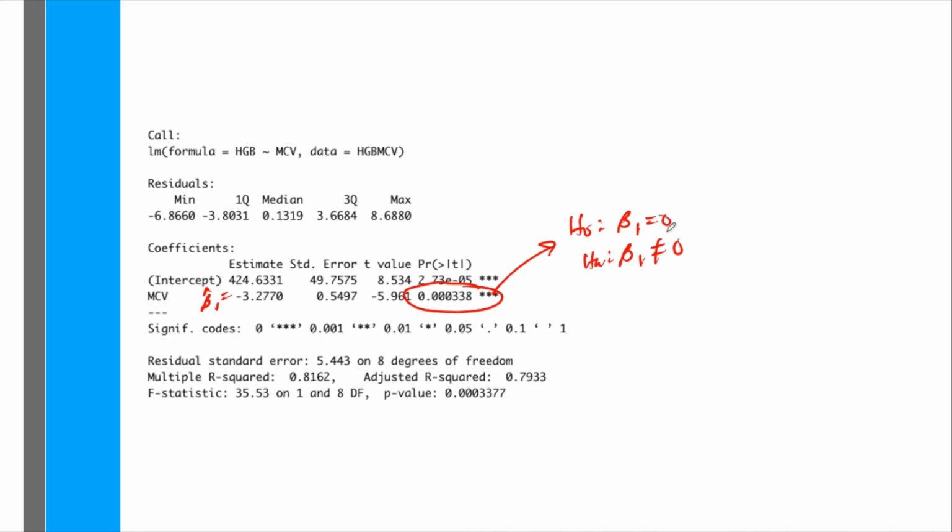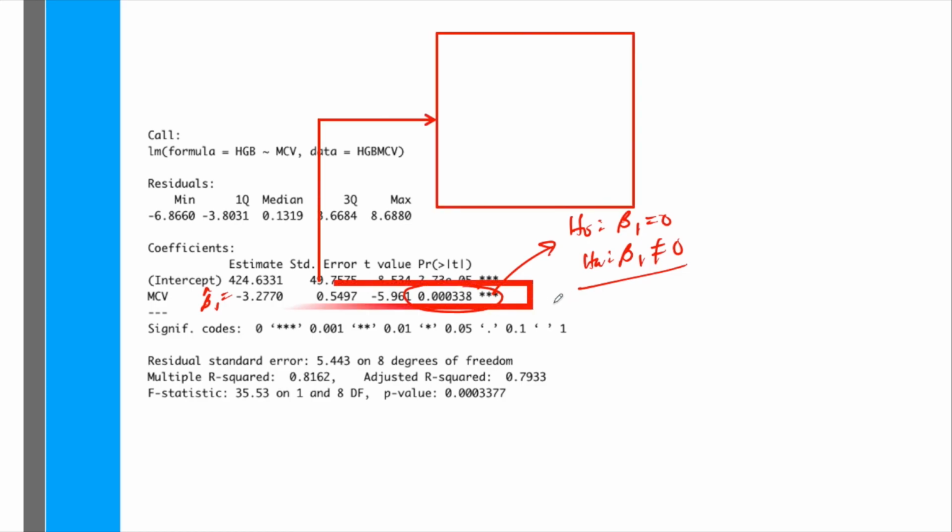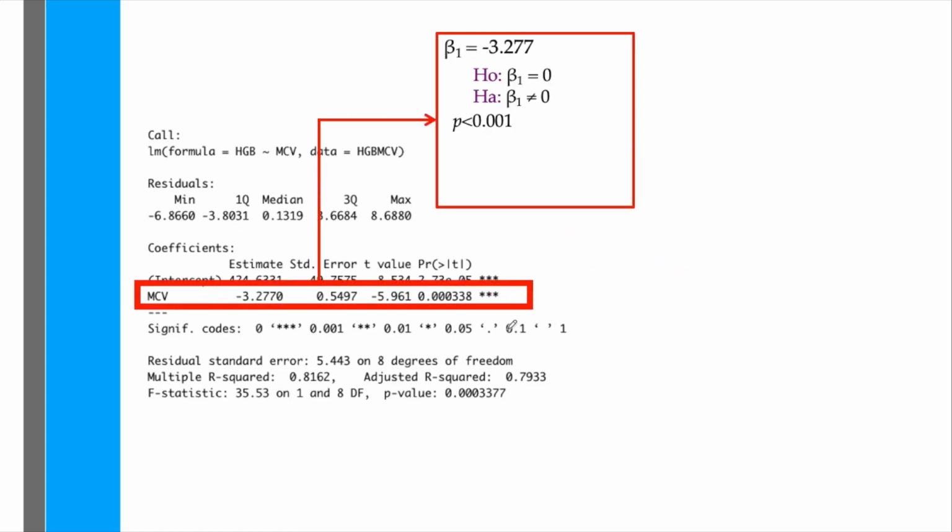So it's like the ANOVA a while ago. But again, the ANOVA later will not be the same as this when we speak of the multivariate or the multiple linear regression. So in this case, it's exactly the same as the ANOVA in the simple linear regression context. So since the p-value is less than 0.05, we're going to reject the null and conclude that there is sufficient evidence that beta 1 is not 0.